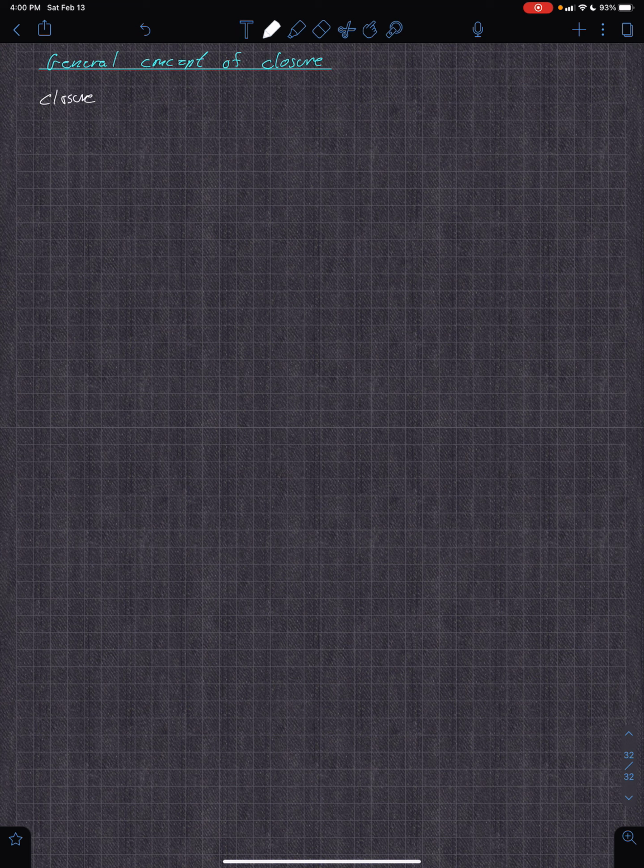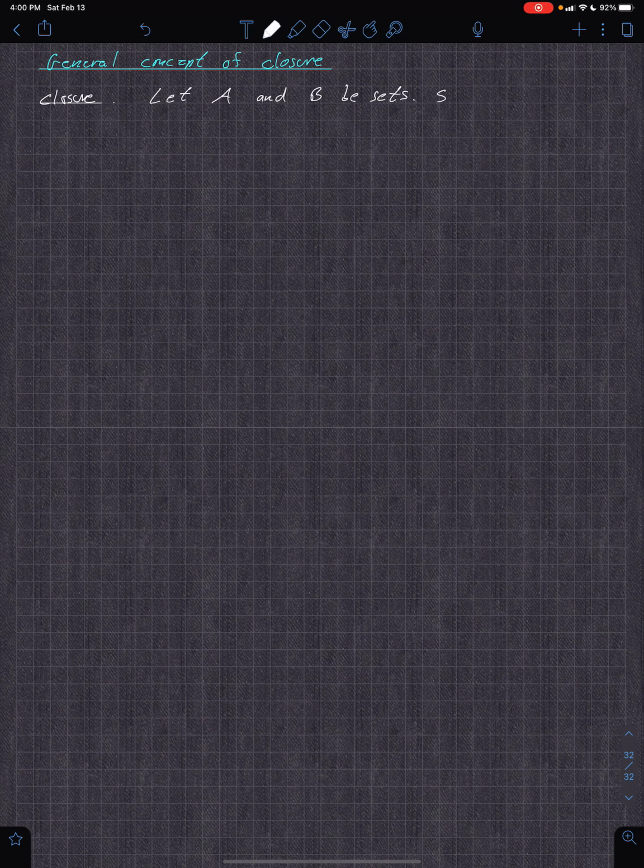So we have two sets. Think generally speaking, these are just two sets and an operation. So let A and B be sets. Maybe they're supposed to be non-empty and all that, but let's just say they're sets.